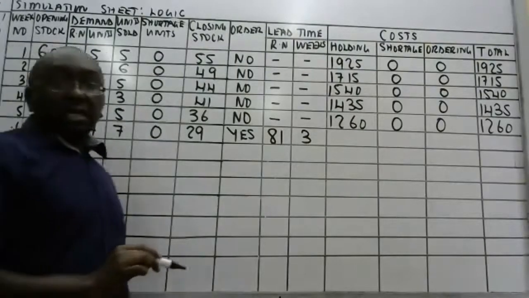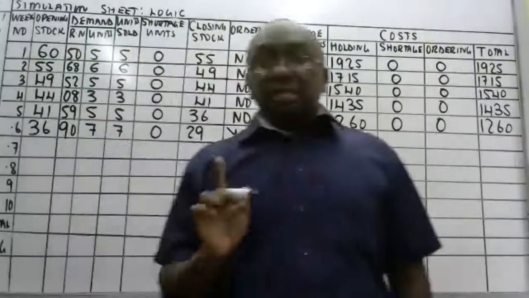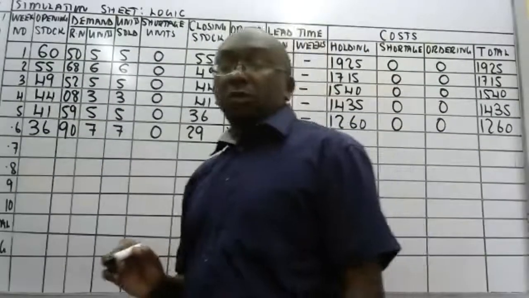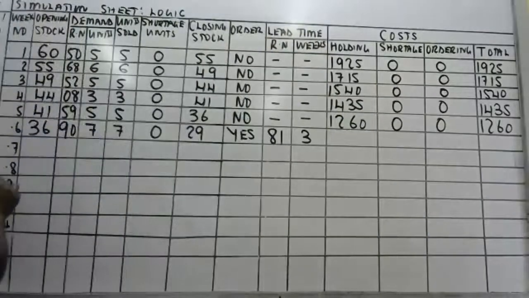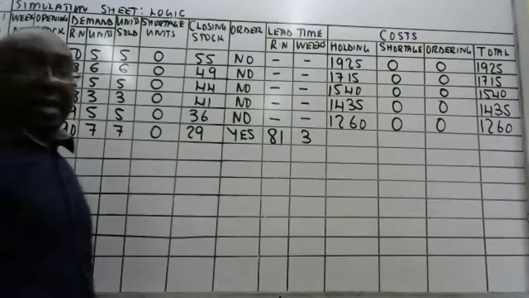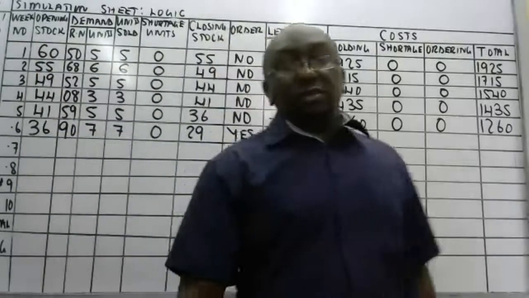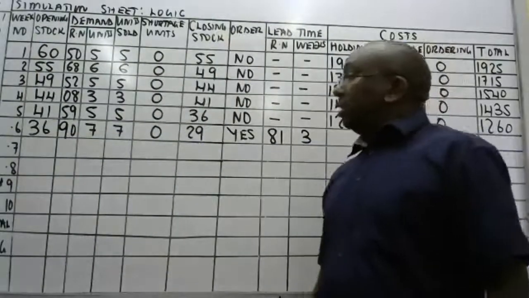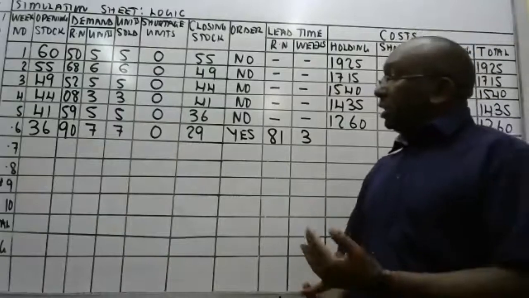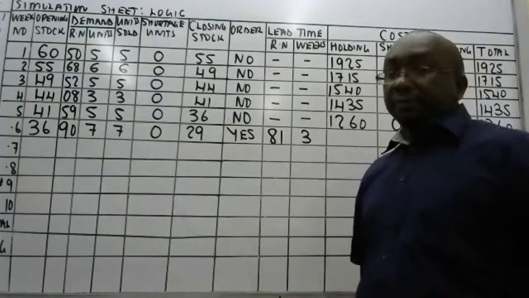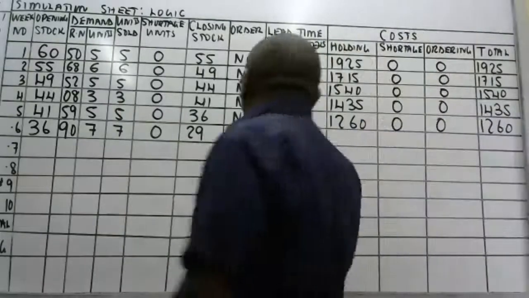So those goods will be received on Monday morning of week 9, because 3 weeks must lapse, the whole of 6, 7, and 8.